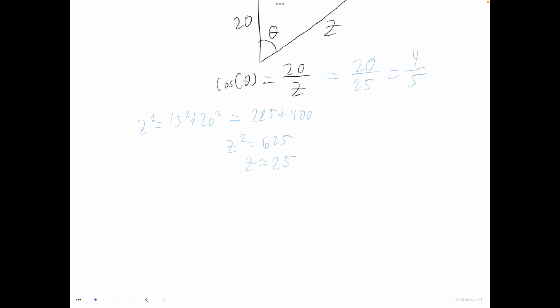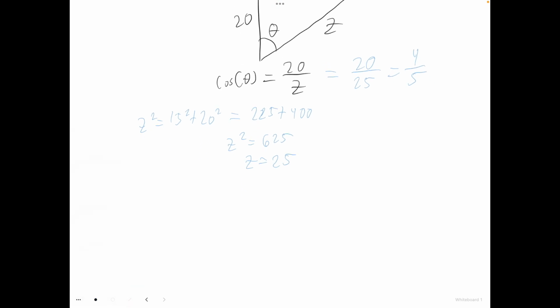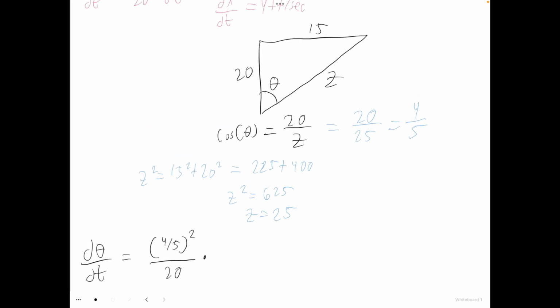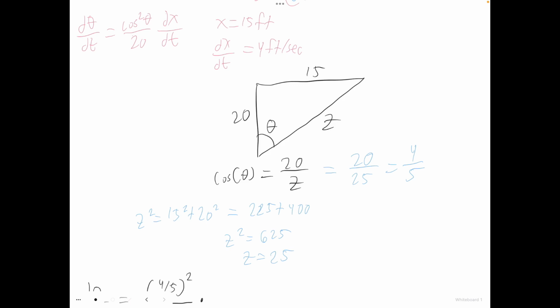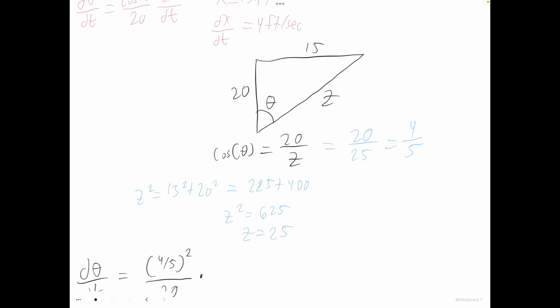So let's plug that into our formula. So we have d theta over dt equals cosine squared of theta. Cosine of theta, though, is 4 over 5. So we have 4 over 5 squared divided by 20 times dx over dt. Well, dx over dt is 4 feet per second.